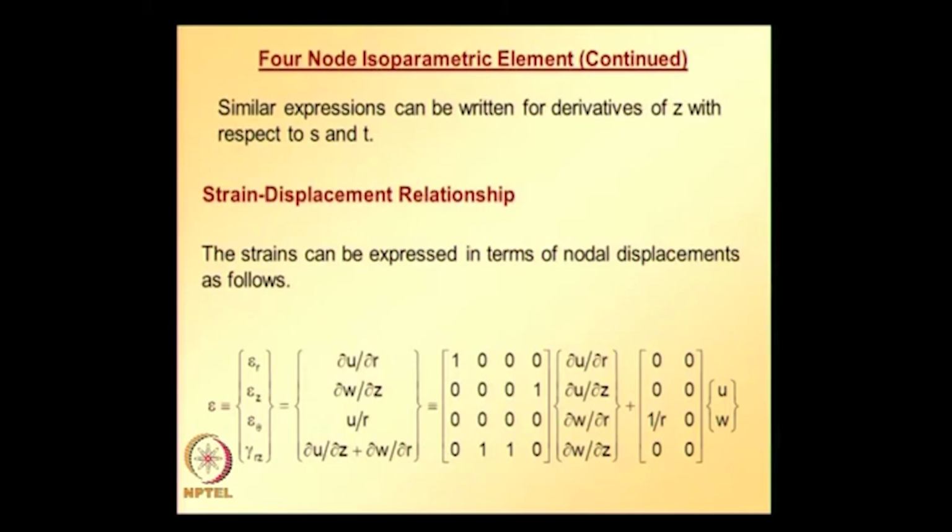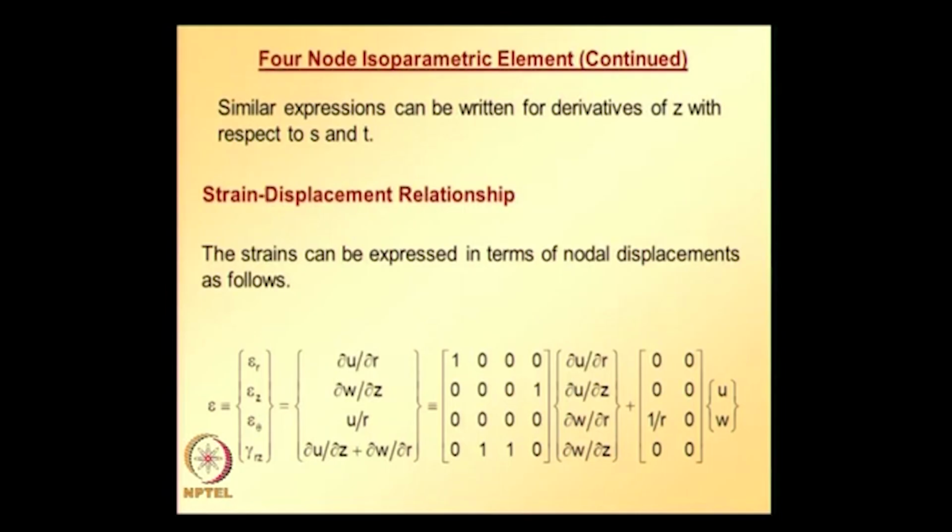So, to calculate the strain vector epsilon, we need to know the partial derivative of u with respect to r, the partial derivative of u with respect to z, the partial derivative of w with respect to r, and the partial derivative of w with respect to z. Since we already have the trial solution in terms of nodal displacements and finite element shape functions, it is easy to calculate the partial derivatives of u and w with respect to s and t.